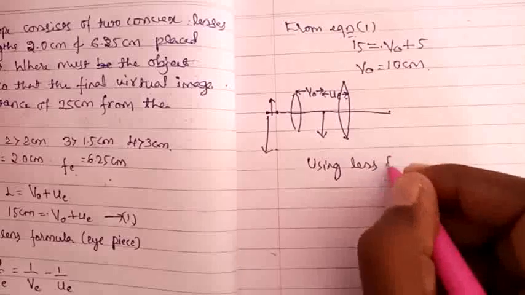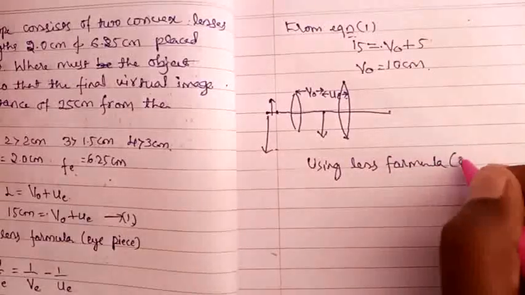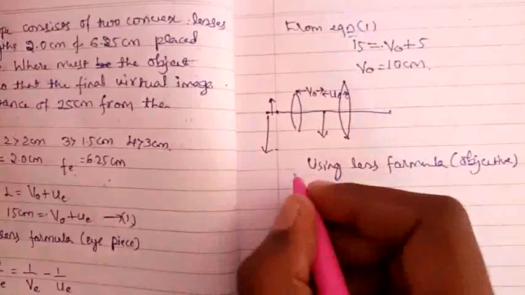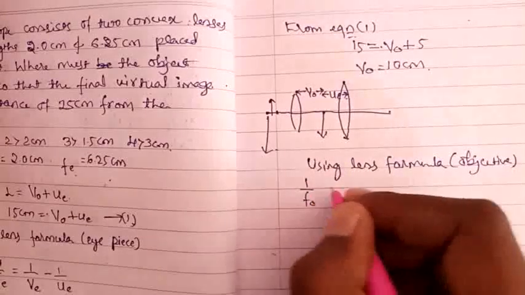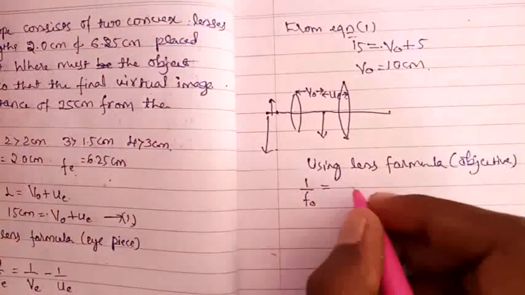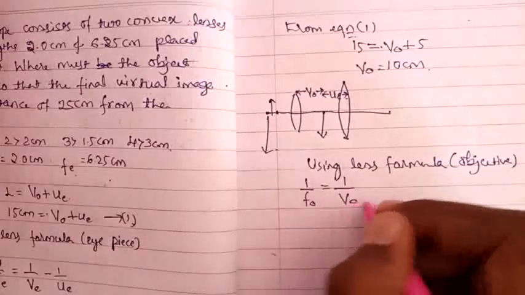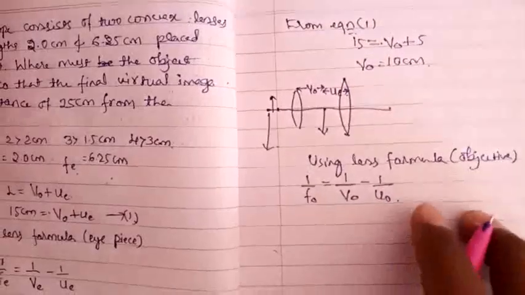Here we are going to apply the lens formula to the objective lens. So what is the lens formula? 1 by FO, the focal length of the objective lens, is equal to 1 by VO minus 1 by UO. Our aim is to find UO.